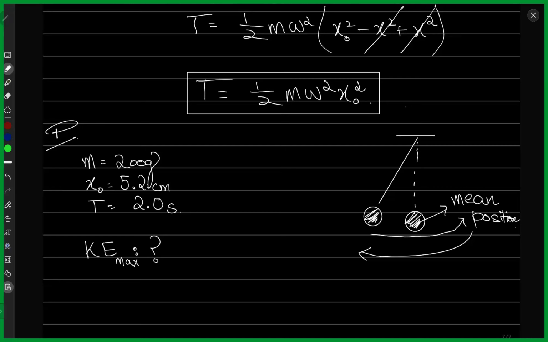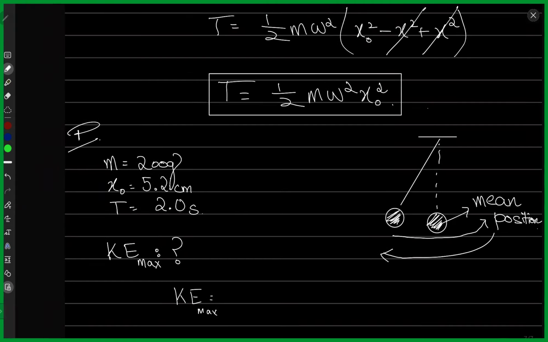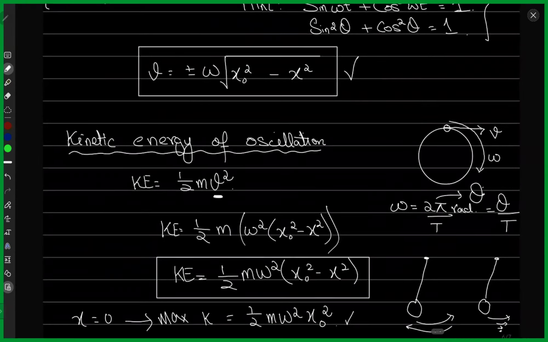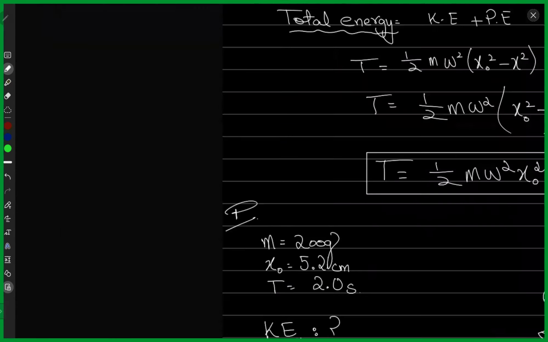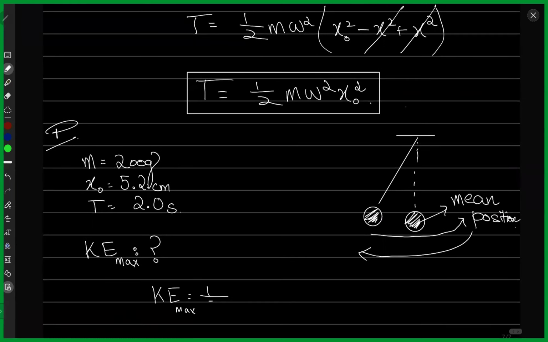Now, let's try to find that. If we know the expression for maximum kinetic energy, if you go back, we wrote it down as half m omega squared x naught squared.